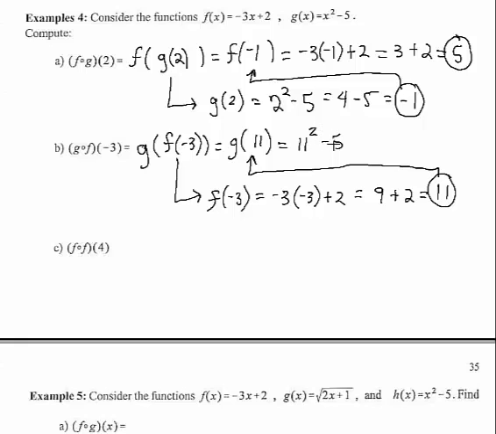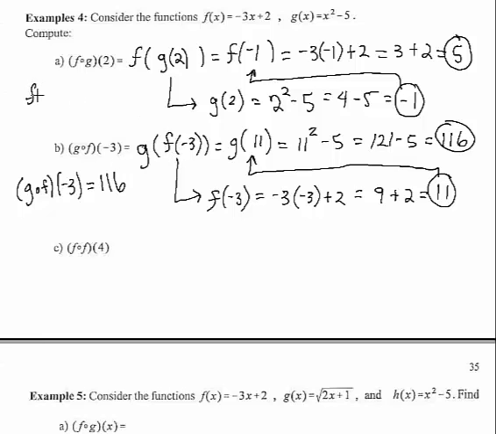So instead I write 11 squared minus 5. 11 squared is 121. If I subtract 5, I get the result of 116. Okay, so I can go back over here and just simply write g of f of negative 3 equals 116.